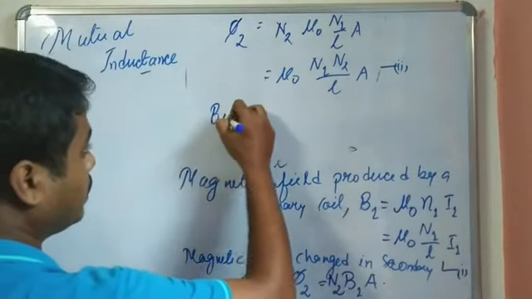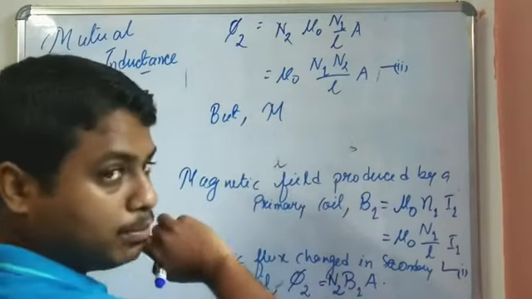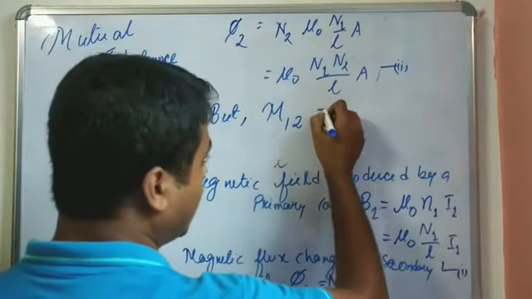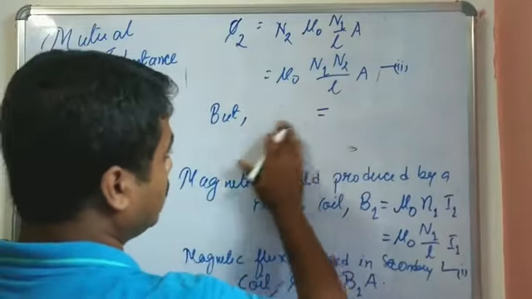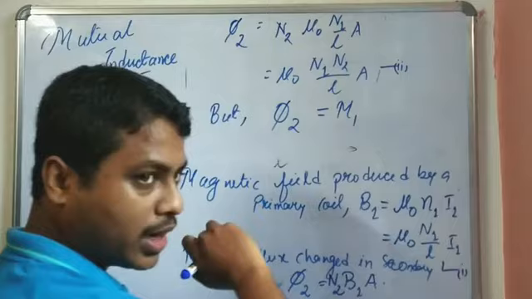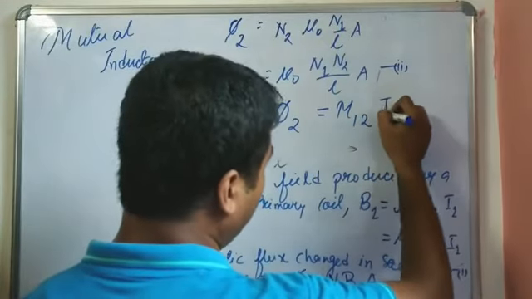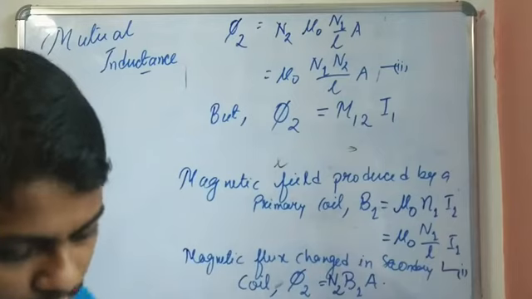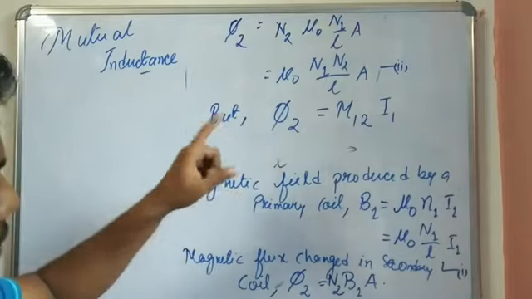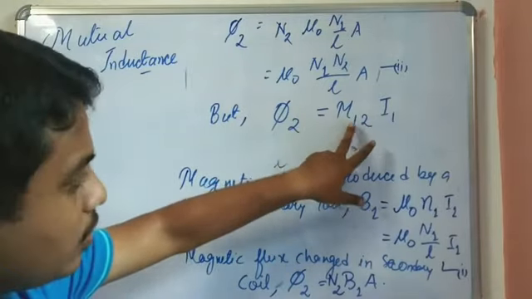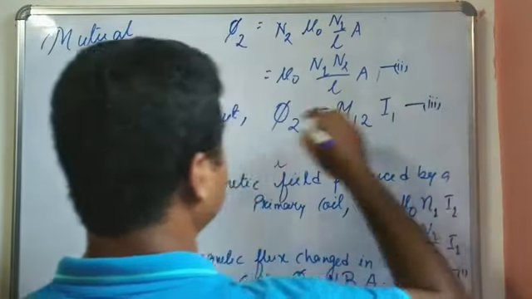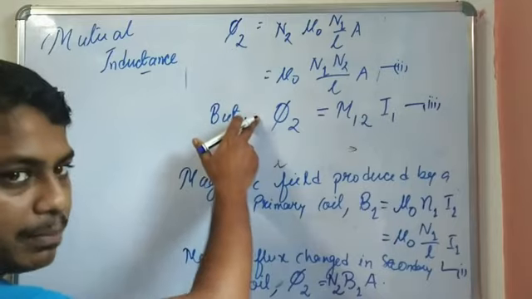But we have a formula that the mutual inductance of one with respect to the second is given by magnetic flux phi 2 equals mutual inductance of 1 with respect to 2 into I1. So phi 2 is equal to M12 into I1. Now if you compare equation 2 and equation 3, you can see both are the same.